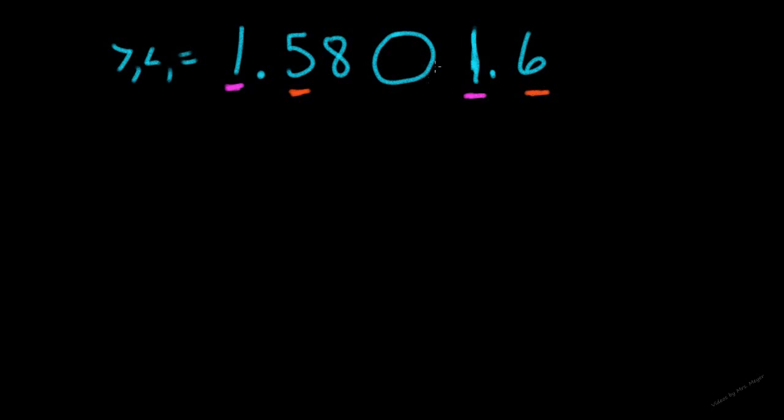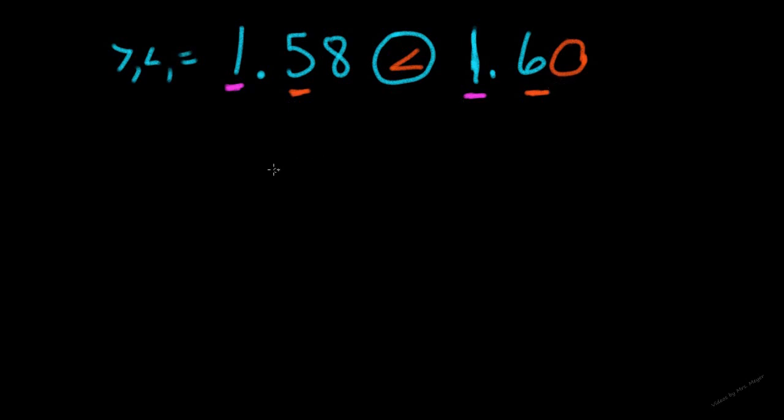And I always again tell students that they can always add a 0 here in the hundredths place, and that makes it a 2-digit versus a 2-digit, and they should know that 1 and 58 hundredths is less than 1 and 60 hundredths. So we can see that by not only using common sense thinking by putting the 0 there, but also by just going from largest place to smallest place.